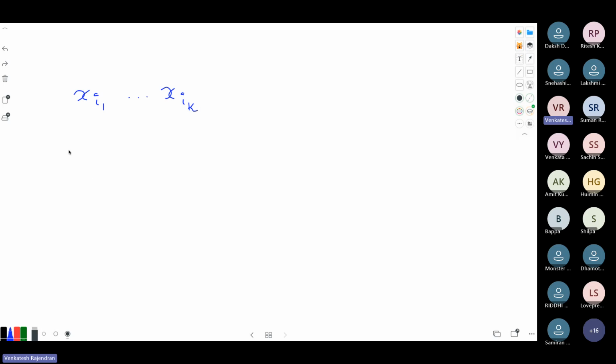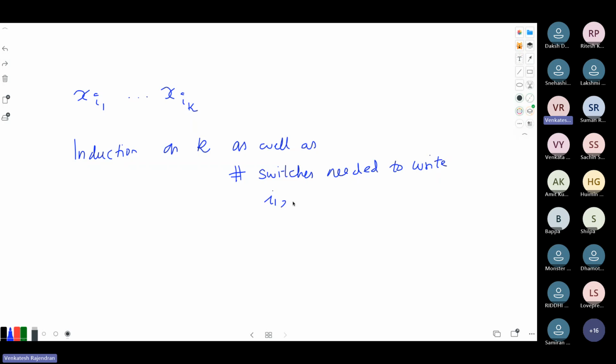So now what do we do? We are going to induct on this k as well as the number of switches needed to write this permutation in increasing order.